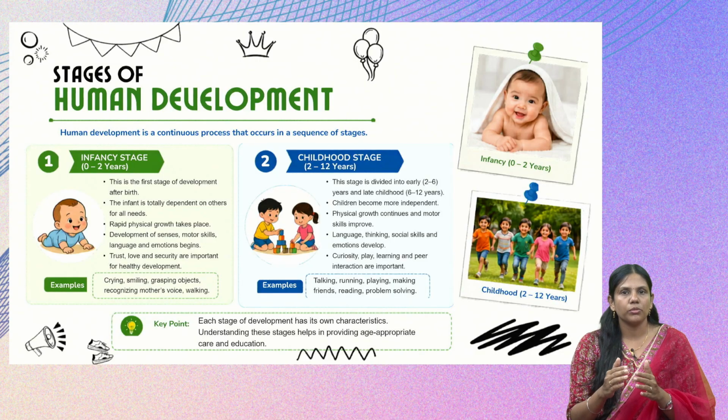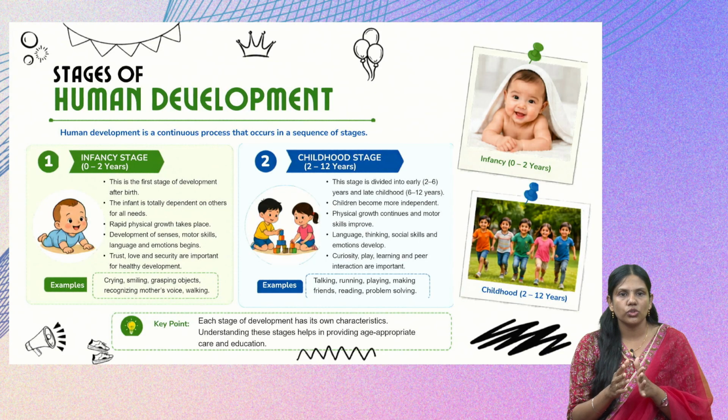Language development happens, social skills are developed, more emotional bonds are formed, and curiosity is greater. Learning and peer interactions are very important at this stage. For example, the child talks, runs, plays, makes friends, reads, and solves problems. Here, problem solving refers to very simple problems which the child encounters in daily life.